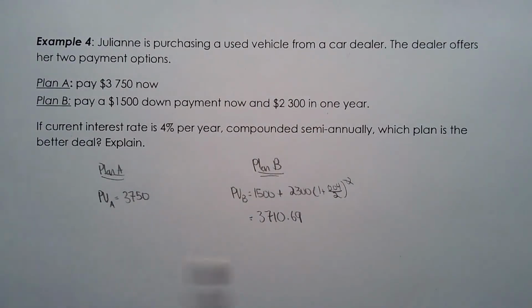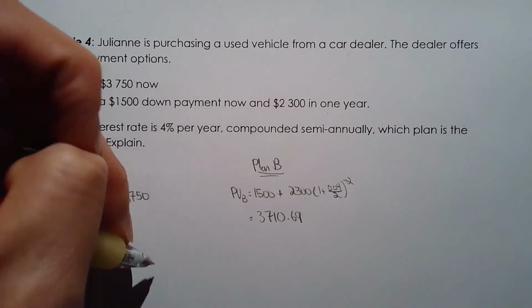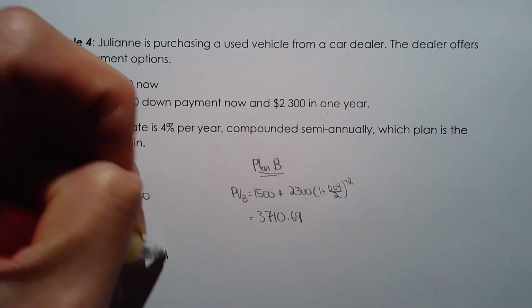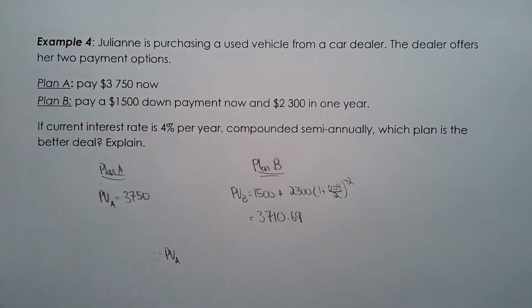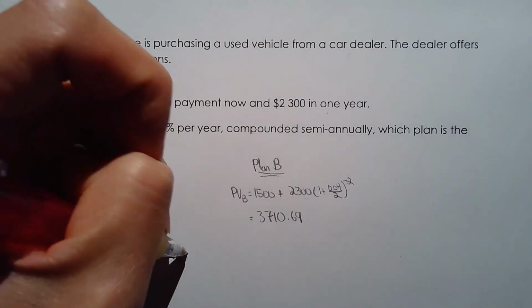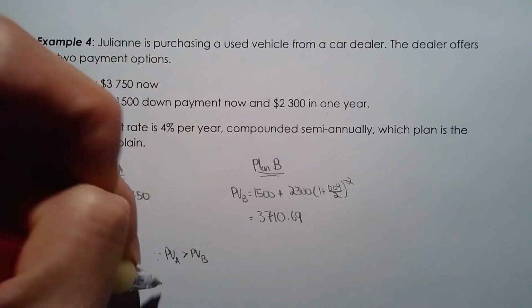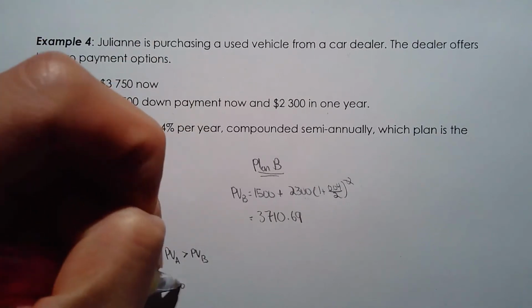Interesting. So you can actually use a smaller amount today to purchase this car. So between Plan A and Plan B, I'm definitely choosing Plan B, since PV sub A is greater than PV sub B.